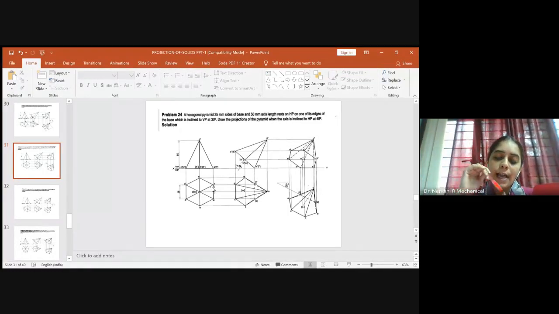Why? Because the axis line will be overlapped here with one of the longer edges. And hence you can see here in the front view, you are not showing the axis line, but it is a continuous visible line, what we show through the projection of this longer edge. And hence in the front view, you will be having a triangular surface.